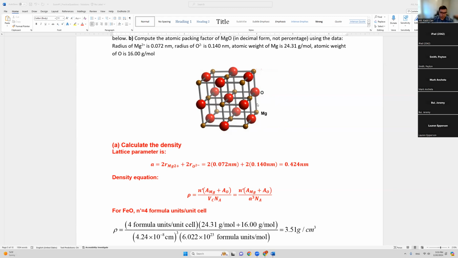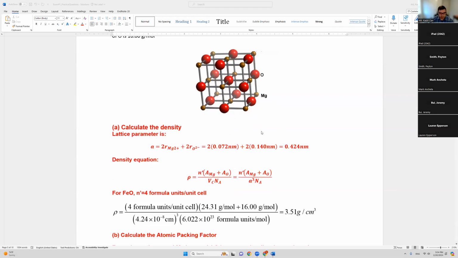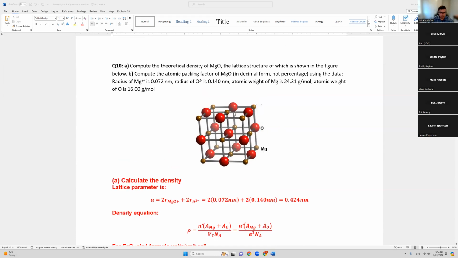We have magnesium and oxygen, but the procedure is the same. Again, we need to relate this edge length. I'm gonna call this A, okay? A, the edge length of this entire unit cell, and we see the volume of the unit cell is A cube, right? So somehow I need to relate this A to the radii of the magnesium and oxygen ions.